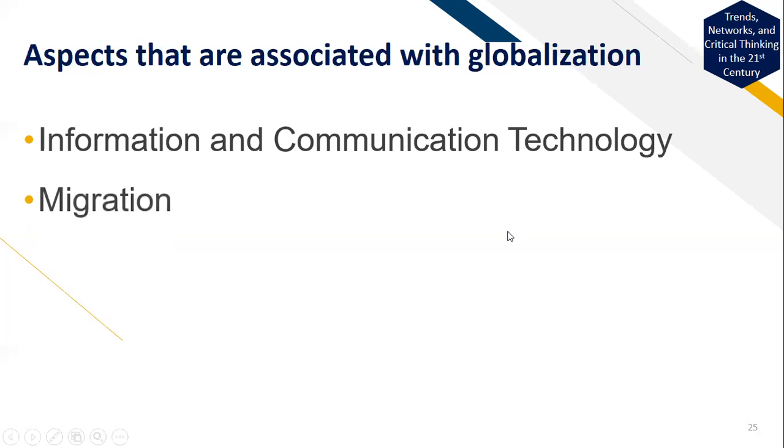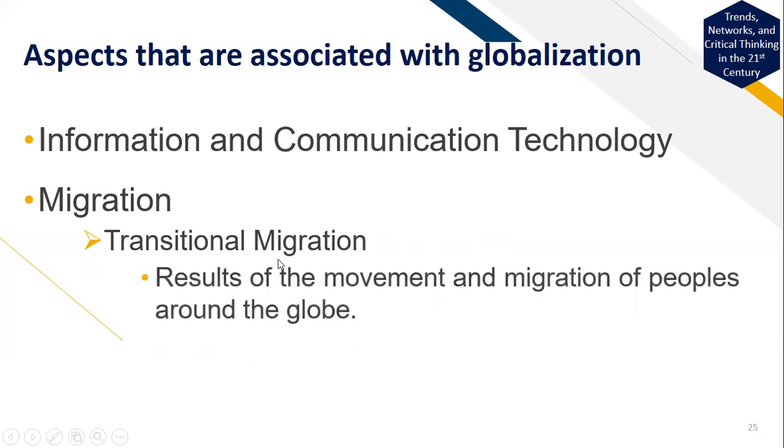Next is of course migration. Pag sinabi natin migration, this happens when a person of a particular locality decides to move from his place to another area where he will settle his life for good. Under migration, meron tayong tinatawag na transitional migration. Ano itong transitional migration?